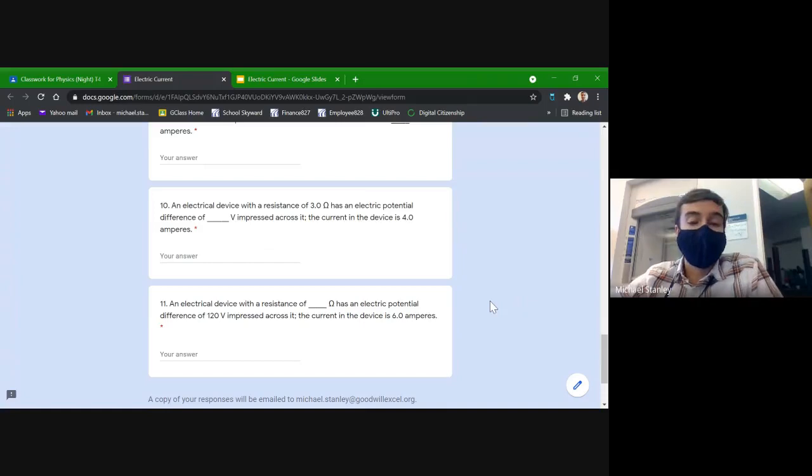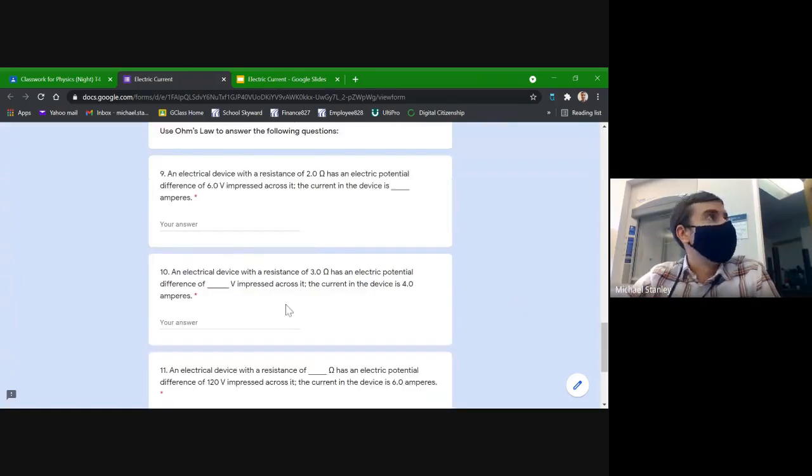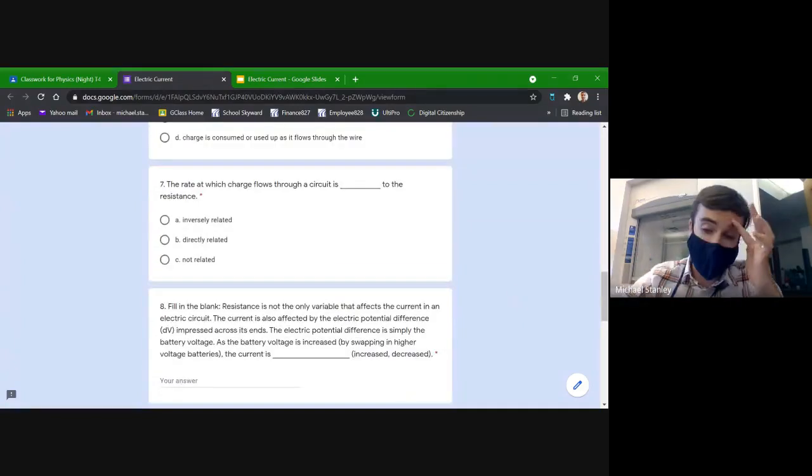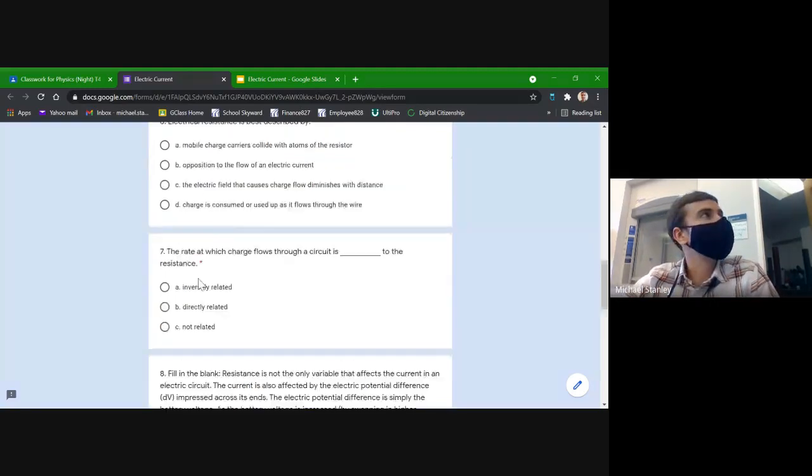So exactly some of the things that we were talking about when we were going over Ohm's law, in addition to some definition questions or basic questions about what exactly is meant by things like current or resistance or voltage.